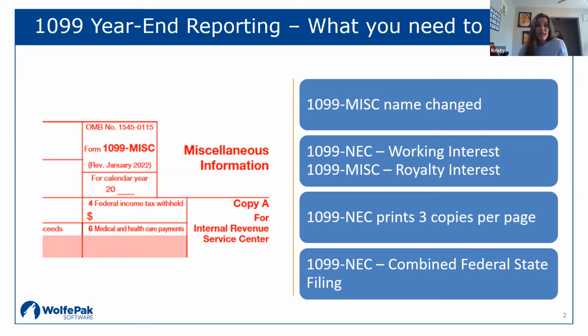So you're going to have the 1099 miscellaneous form and the 1099 NEC form. The one change that you will see on the 1099 NEC form, however, is it will print 3 copies on one page now. So you're going to have 3 NEC forms on one page. And so that is something new this year that we did not have last year.